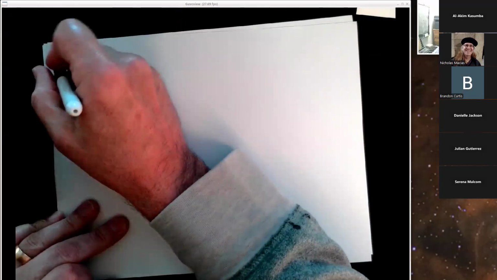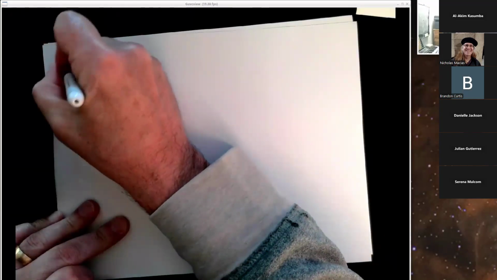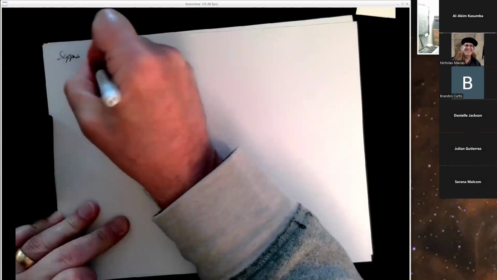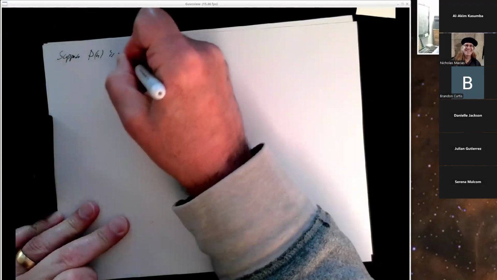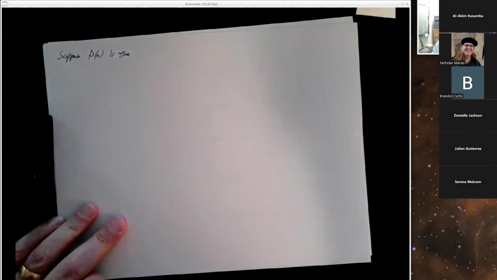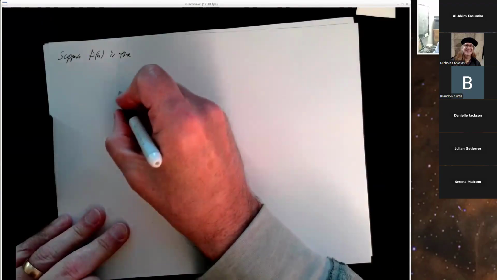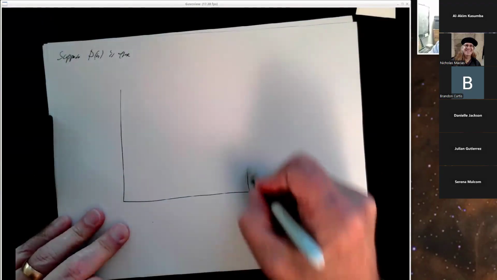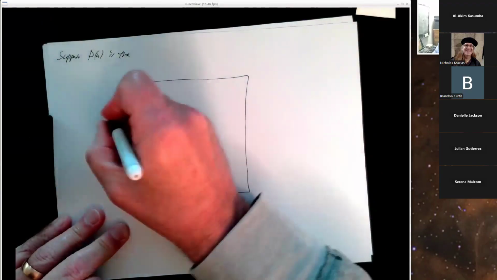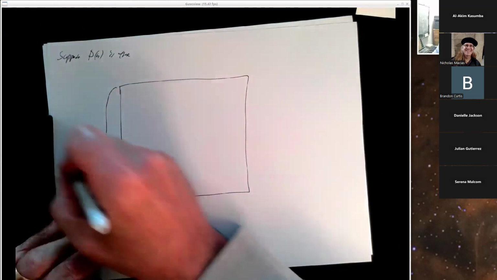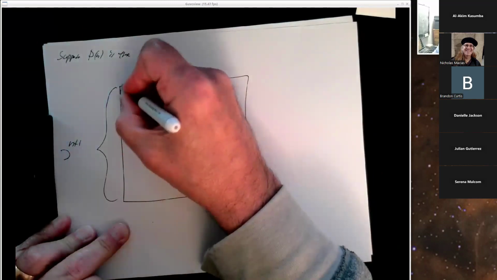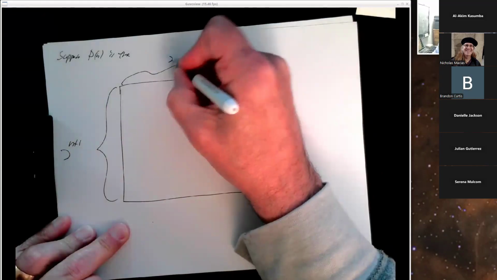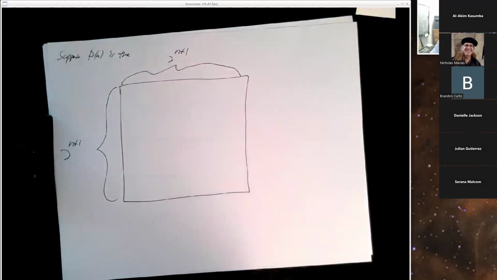So let's suppose P of n is true. All right, that's our inductive hypothesis. So picture a room that's 2 to the n plus 1 by 2 to the n plus 1.